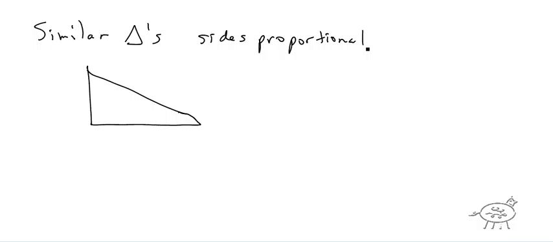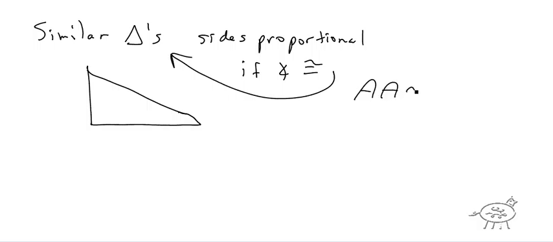Of course, the sides can be proportional, but if the angles are congruent, then it's also similar triangles. If you guys remember, that's basically angle-angle similarity. Once you prove 2 angles are the same, the third one's automatically the same because you're going to subtract it from 180.